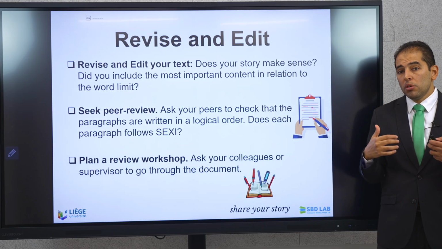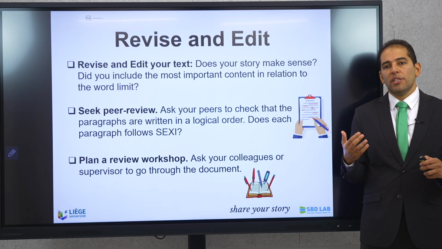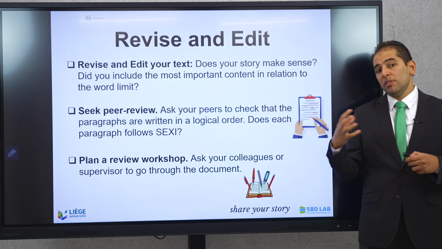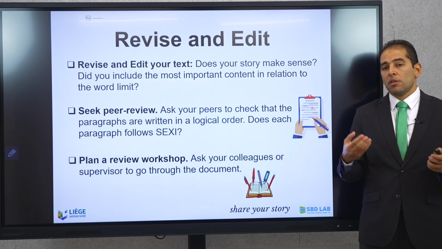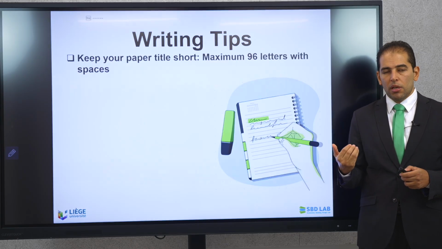You can also plan a workshop with your team and ask your colleagues to just read the structure or the skeleton of your work, or even the draft, and invite the supervisor, and make them go through the document together to make sure that you have a well-structured writing style.